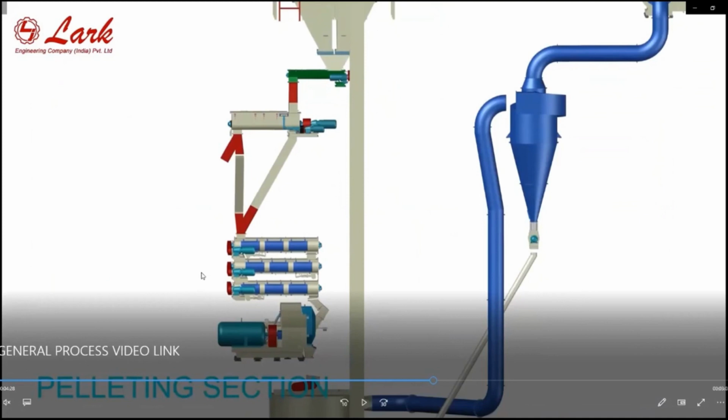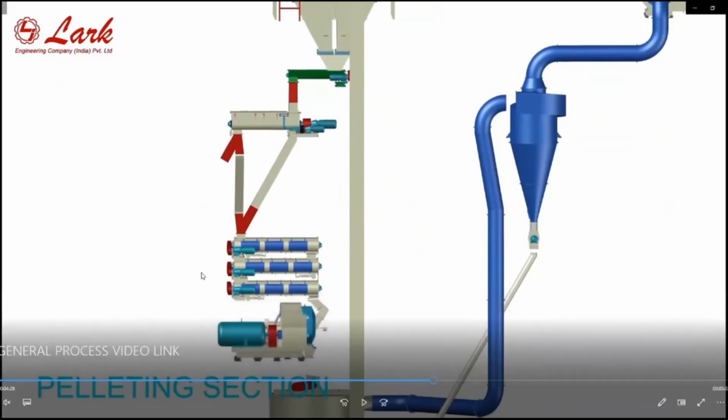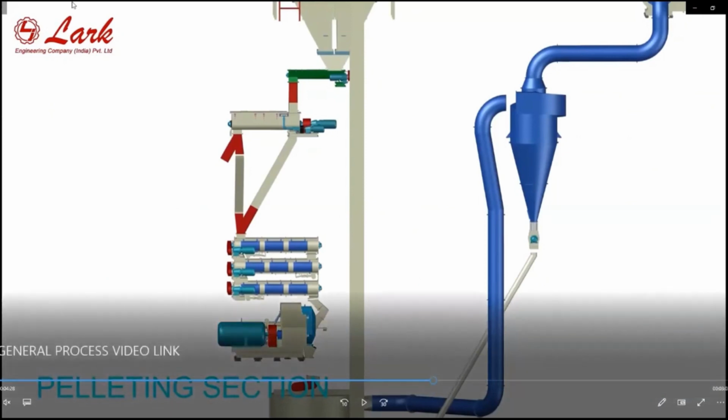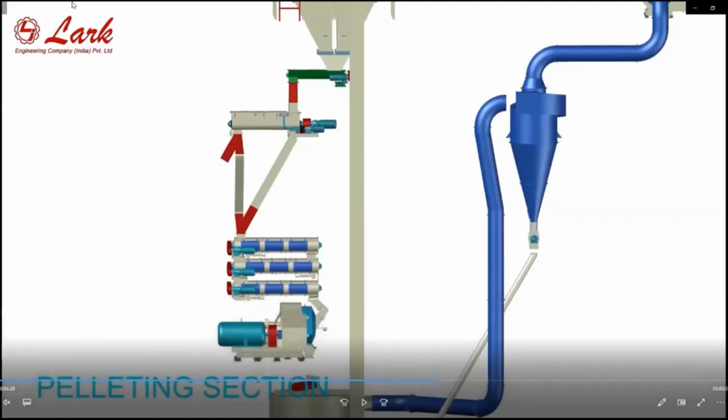For example, today's requirement is 60 or 70 seconds retention time. If in any recipe, or in future, we need 80, 90 or 100-second retention time, we must have the adjustments in our machinery.